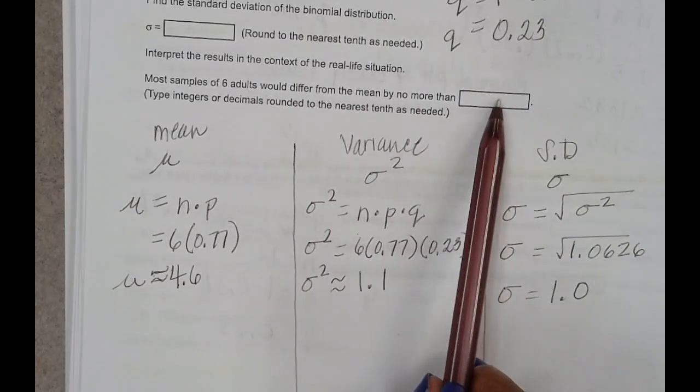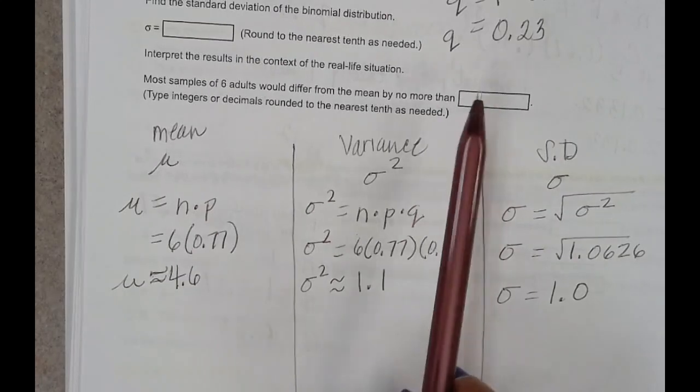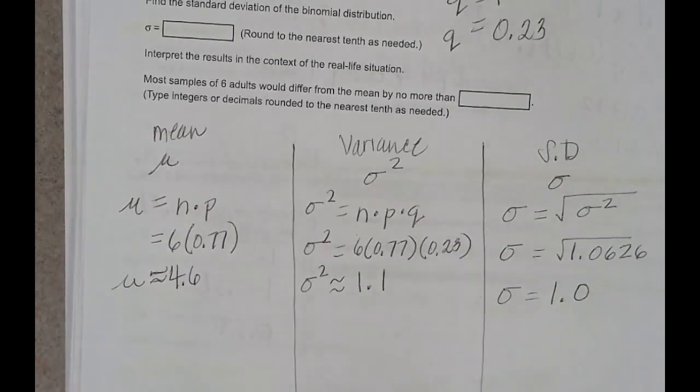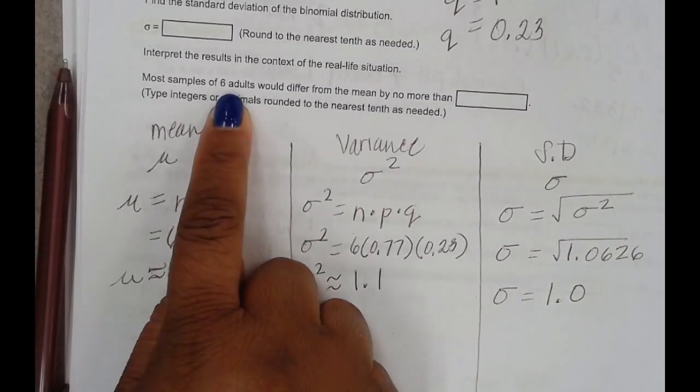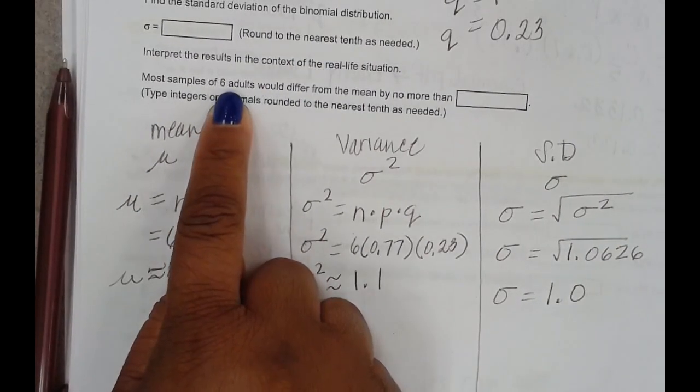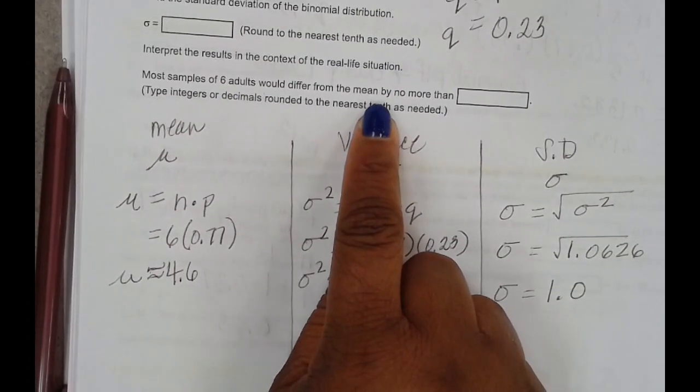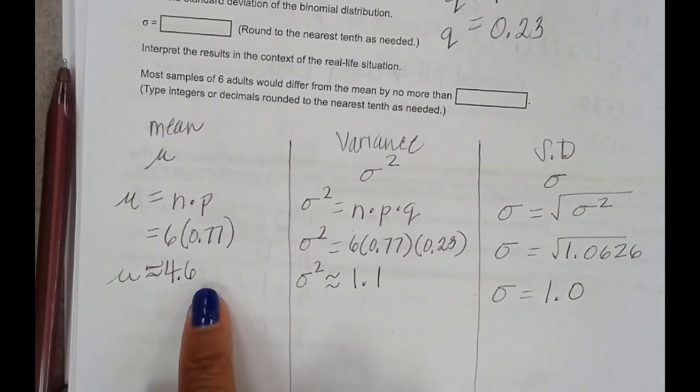So what are they really asking about? They're asking which one of the other values that we calculated tells me how far things separate from the mean. Well, that will lend itself to deviation. So we sampled 6 adults, and they would differ from the mean or the average of 4.6.